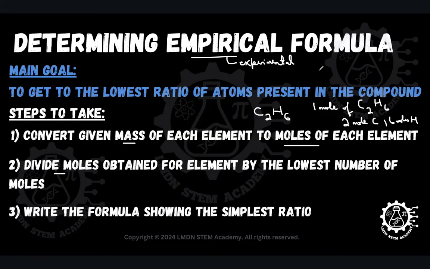Because it's an experimental amount of mass, a smaller sample of the larger compound, when we find the moles in the empirical case, it's not going to be the actual number of atoms. It's an empirical number.